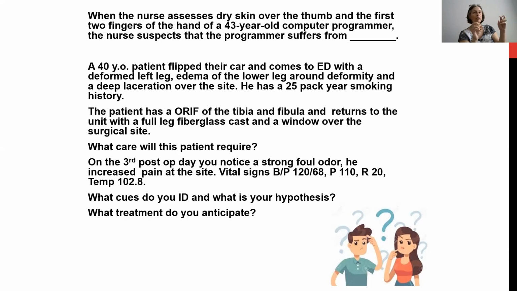Cues are the patient signs and symptoms that turn on our nursing clinical judgment. So we have a post-op patient, orthopedic injury, tachycardia, tachypnea, hyperthermia, and a malodor coming from a site that has an open wound under a cast. So what's your initial hypothesis?